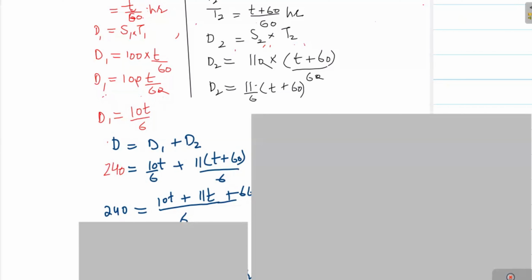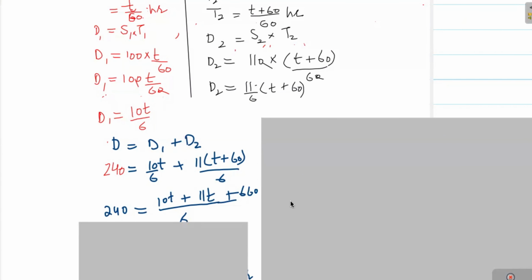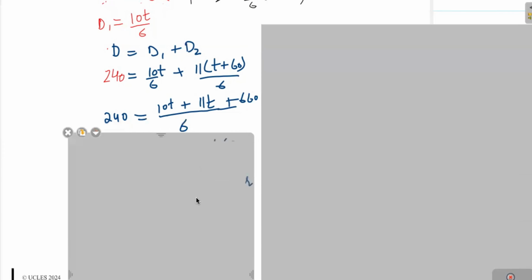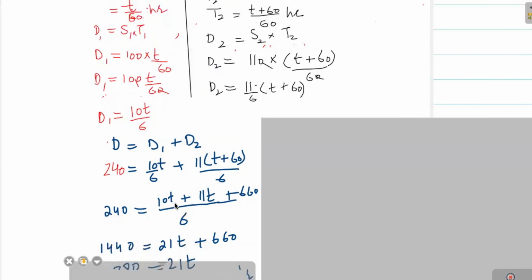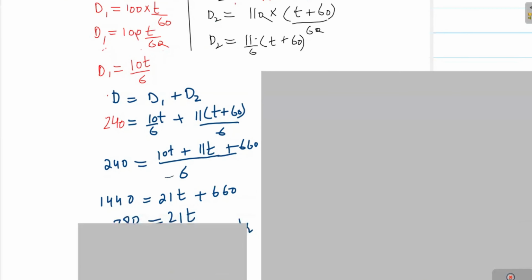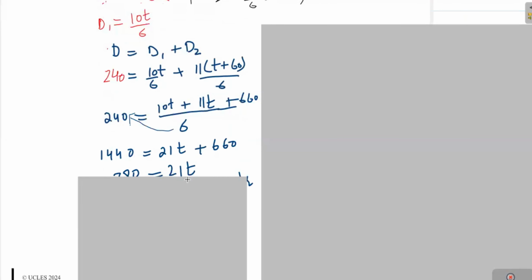And now we simplify this fraction, look here, we can write this 10 plus 11, 21 t plus 6. 11 times 60, we will write as 660. We multiply 6 by 240, and this becomes 1440. And 1440 equal to 21t plus 660.